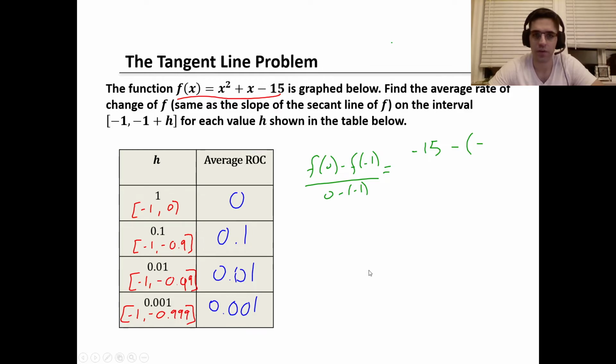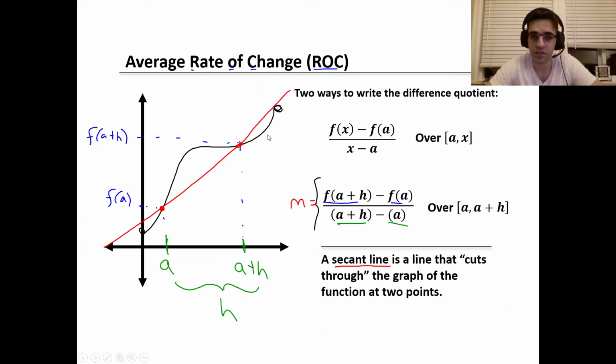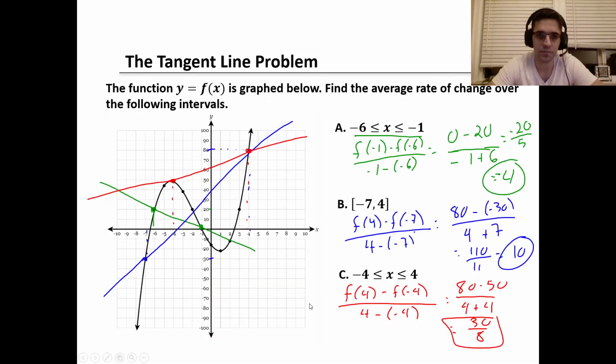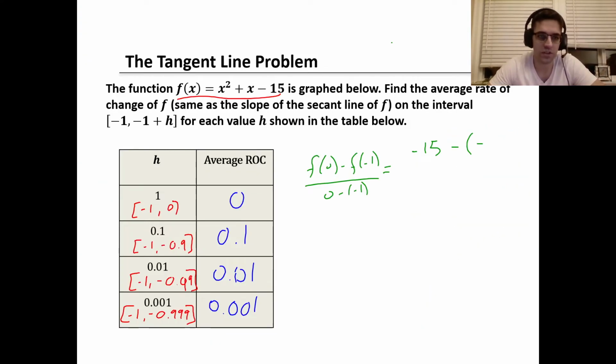Okay, so here's another way to look at it. This is using our notation: f of a plus h minus f of a over a plus h minus a. And so a is the beginning of our interval, h is the width of our interval, and a plus h is the endpoint of our interval. As we look at this problem, h is an increasingly smaller interval.